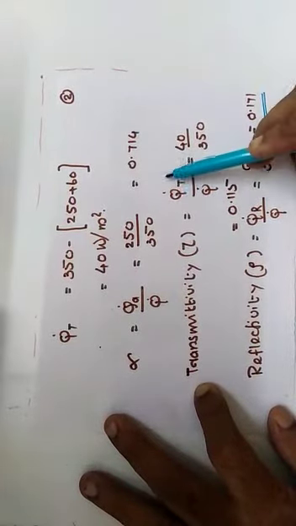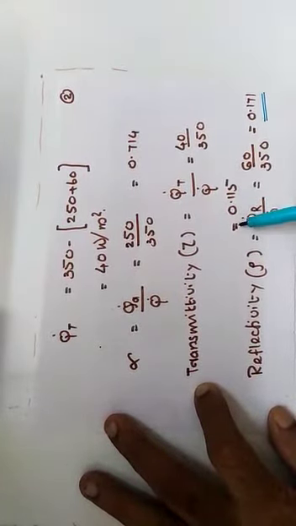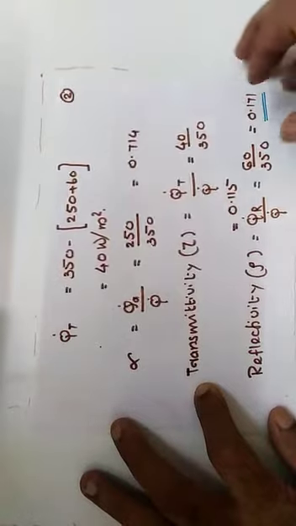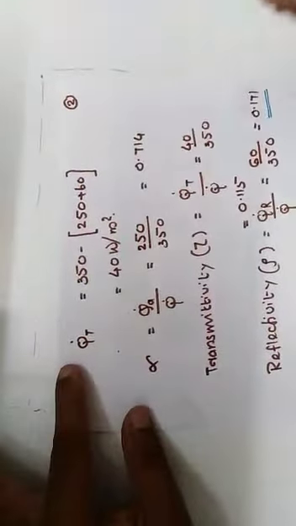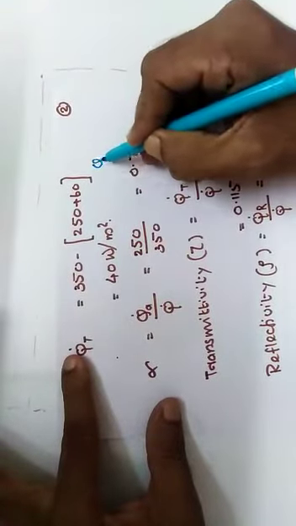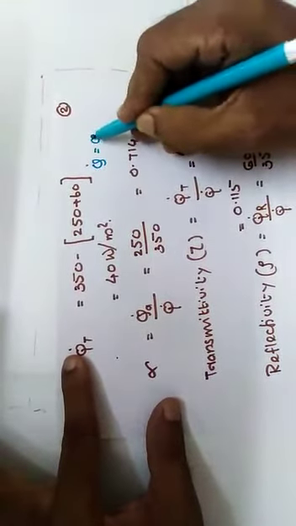So this expression will give you tau is equal to 0.115, and the reflectivity rho equal to Q dot R divided by Q dot. So this works out to be 0.1714.